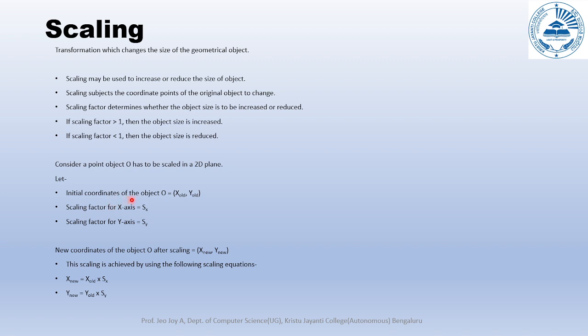Suppose the initial coordinates of the object O are again represented as x old and y old in the Cartesian coordinate system, and we take the scaling factors along the x and y directions as sx and sy. Then the new coordinates after the scaling operation are x new equal to x old multiplied by the scaling factor along the x direction, sx, and y new equal to y old multiplied by the scaling factor along the y direction, sy.